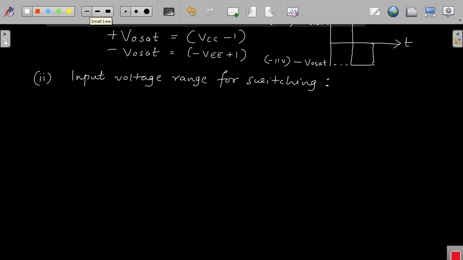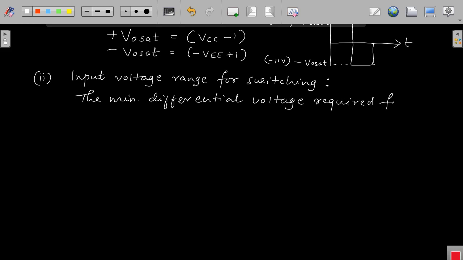So we generally take the minimum differential voltage required for the output voltage swing.